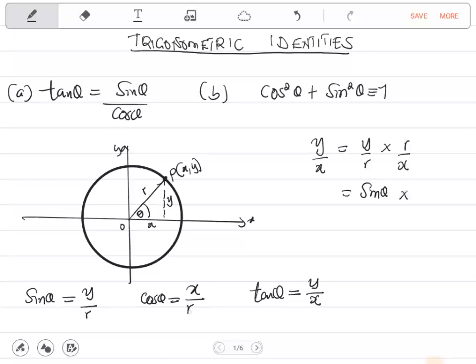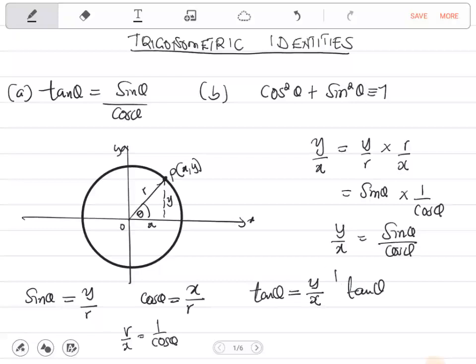Now we know that x over r is cos theta, so r over x will be its inverse. So I'm going to multiply by the inverse of cos theta. So I'm having y over x is equal to sin theta over cos theta. But what is y over x? It is tan theta, which is equal to sin theta over cosine theta.